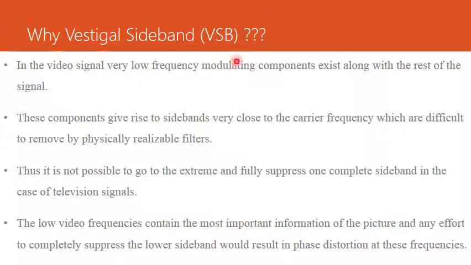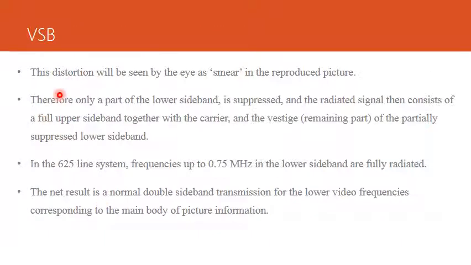But in case of TV signals, the sidebands are very close to the carrier frequency, and it is not possible to suppress any one of the sidebands with the help of filters. So in that case we have to make use of this vestigial sideband technique. This distortion will be seen by the eye as smear in the reproduced picture.